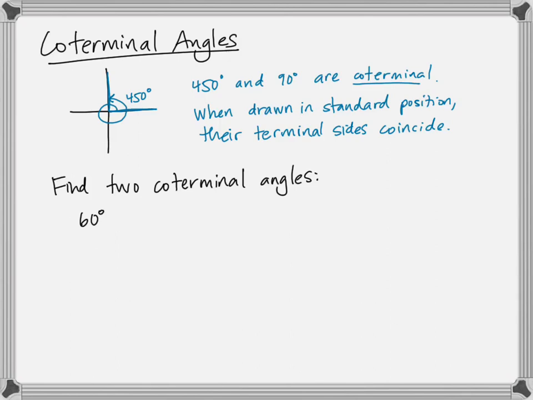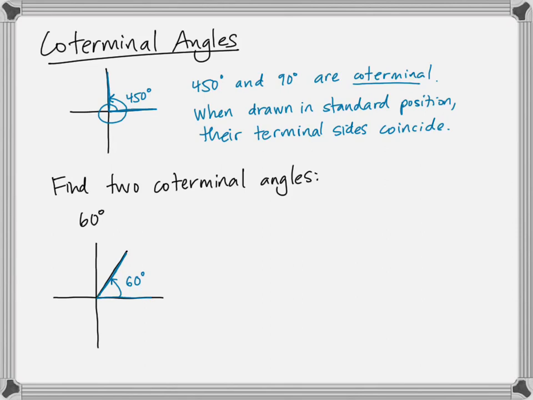So I'm going to draw 60 degrees in standard position. 60 is closer to 90 than it is to 0. We'll keep with our convention of drawing these angles in blue. There we go. So there's my 60-degree angle.